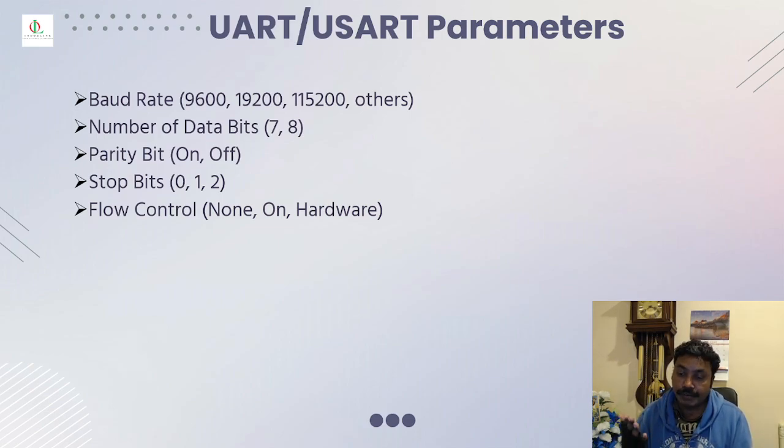But in terms of asynchronous, if you want to transfer the data, you occasionally need 1 bit or 2 bits to tell the microcontroller that data has been received or transmitted, and then it stops. There are also 3 different flow controls: none, on chip and hardware, and this course is all about hardware. You are targeting the hardware board, and when you start to program, make sure you always connect to your hardware, otherwise it will throw an error.